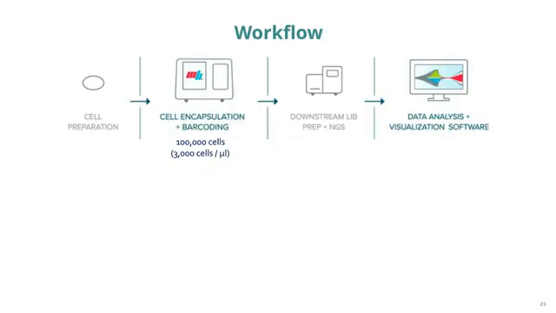All right, so now I will briefly show you the workflow and how the platform works. First of all, it's the sample preparation to make a single cell suspension that is loaded into the Tapestri platform. The loading is about 100,000 cells at a concentration of 3,000 cells per microliter, and then the cell encapsulation and the barcoding take place in 2 separate steps.